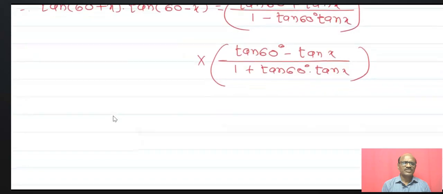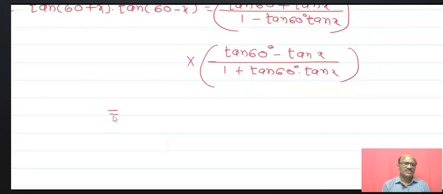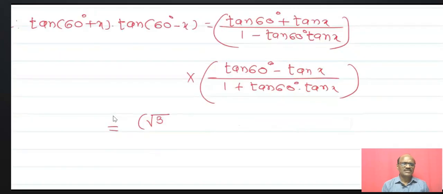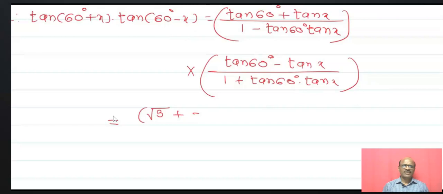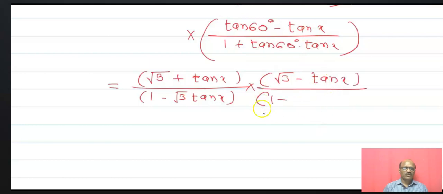Now their multiplication. That is, tan square 60 minus tan square x. And we will substitute the value. Tan 60 is root 3, so plus tan x upon 1 minus root 3 into tan x in the first bracket. In the second bracket, root 3 minus tan x upon 1 plus root 3 into tan x.